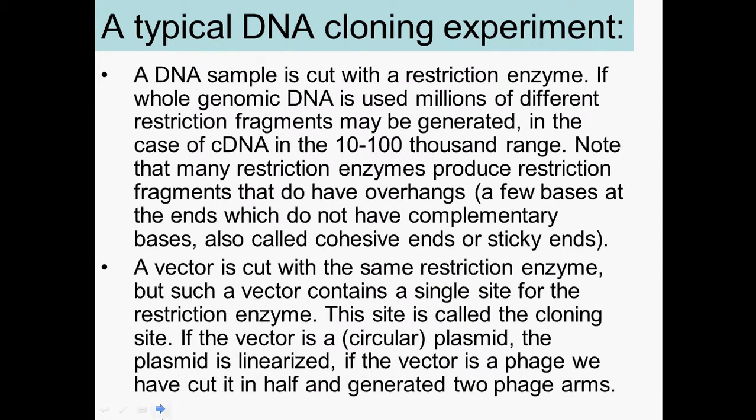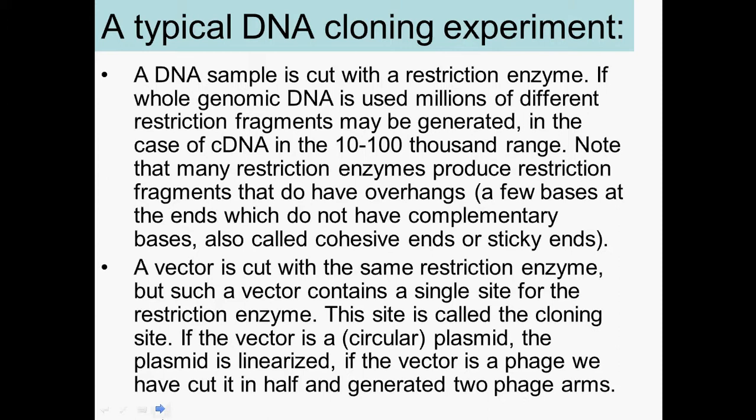A vector is cut with the same restriction enzyme, but the vector contains a single site for the restriction enzyme. So in the human genome, we said it would have 1,000,000 sites where it would cut, but in a vector or a plasmid, a vector could be a plasmid, it could be a bacteriophage, and different things.